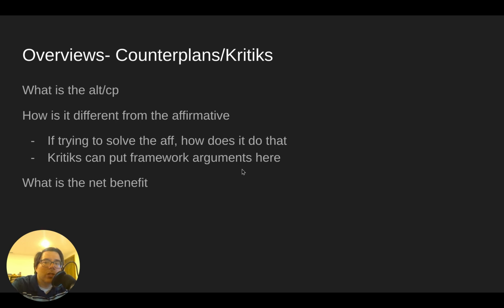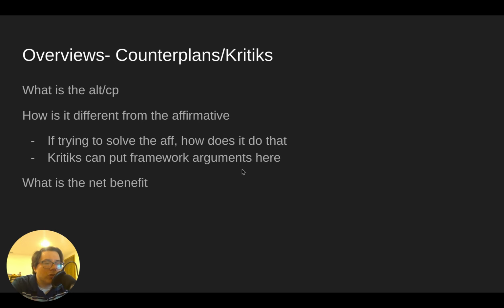When we're looking at overviews as the particular type of block that can be written, we're going to talk about multiple different types of overviews. The first type we're going to talk about is overviews for counterplans and critiques. The first thing you're going to do in your overview is explain what the alternative or the counterplan is.